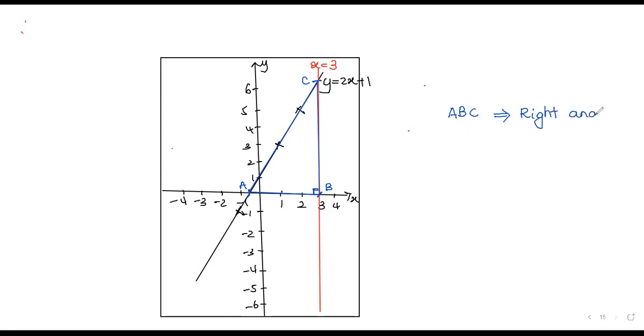They ask what kind of triangle. So the x equal 3 line, the y equal 2x plus 1 line and the x-axis, I mark it as ABC, and it is a right angle triangle.